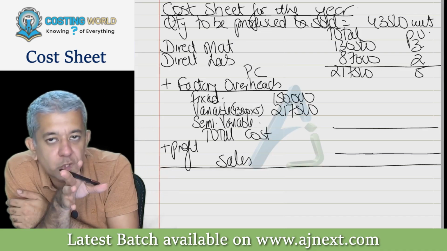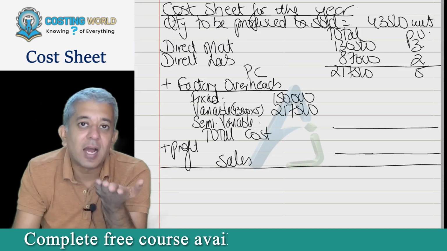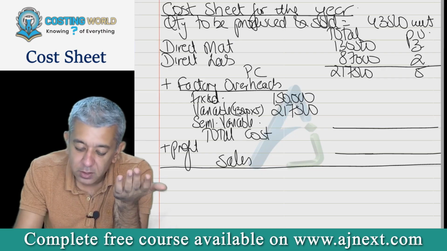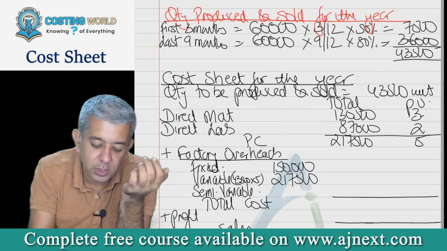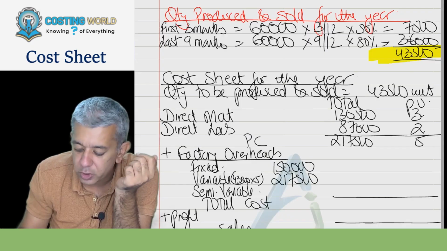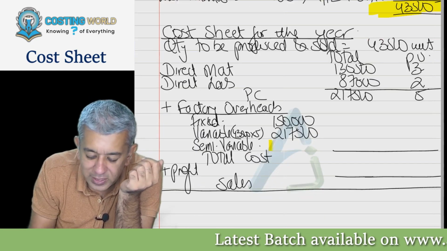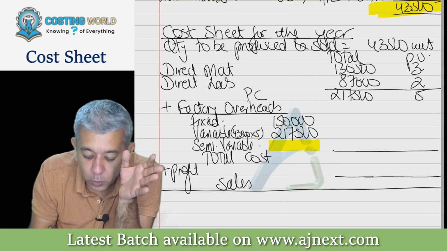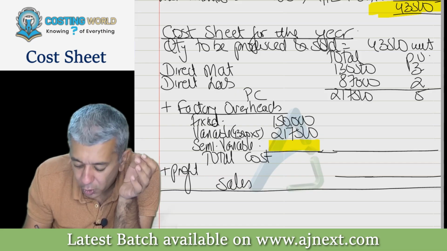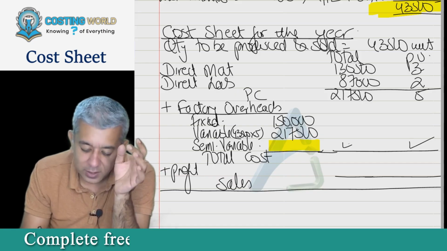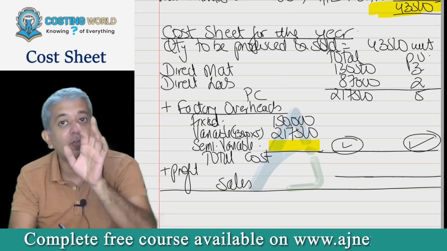I am doing this question for two things. One, hardly a few people had told me this is quantity produced and sold. This was one reason I was doing this question. The other reason is the semi-variable overheads, which you will try to crack and let me know. Once we all do that, this figure divided by 43,500 will give us this figure.